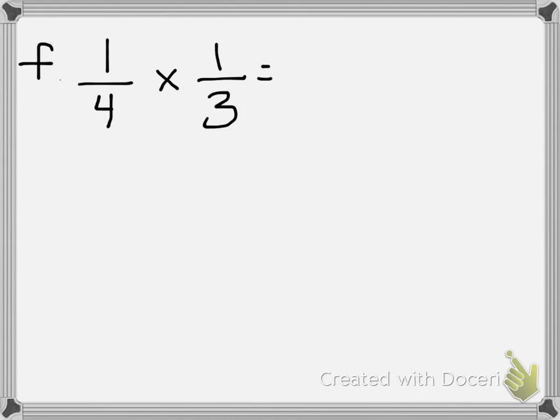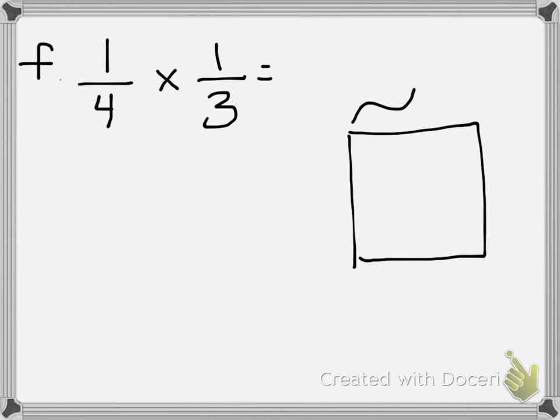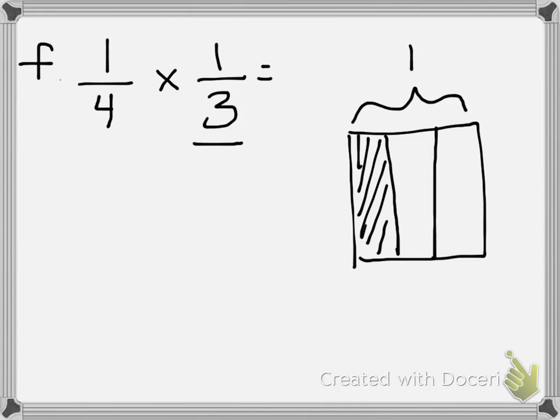And the last one that we're going to do here is 1/4 of 1/3, or 1/4 times 1/3. So again, using my model, I'm going to show one whole. I'm finding what 1/4 of 1/3 is, so I have to show 1/3. Then I'm finding 1/4 of that third.